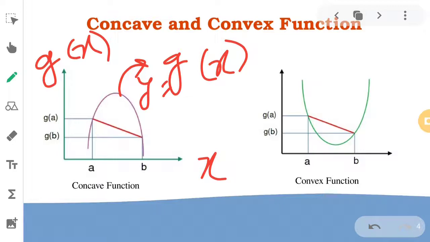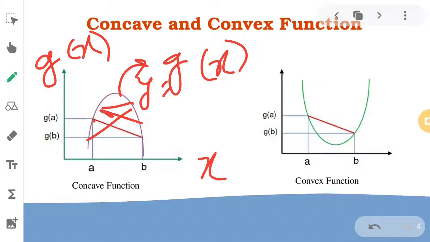Now take any 2 points on this curve, a with g(a) and another point b with g(b), and if we join these 2 points g(a) and g(b), we will get a straight line which always lies below the curve. Suppose this or this or this.